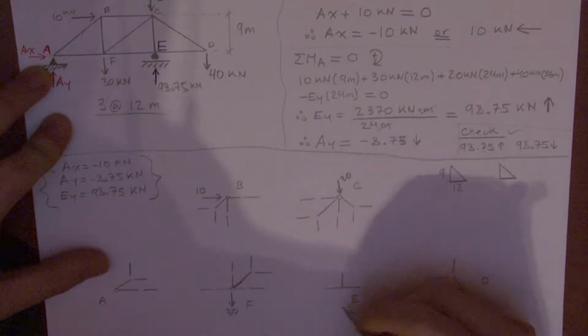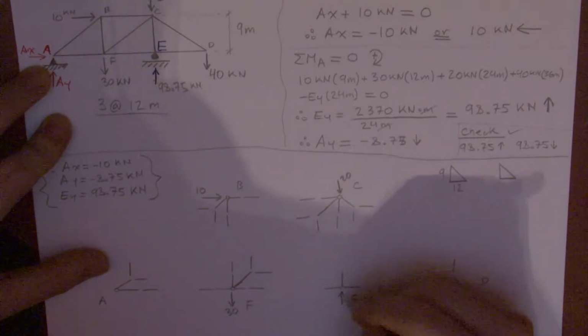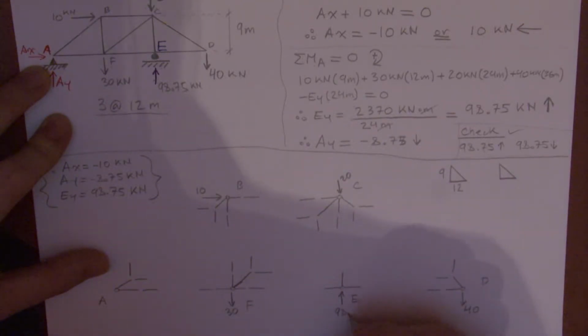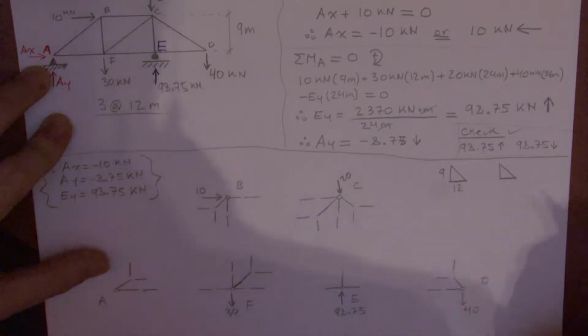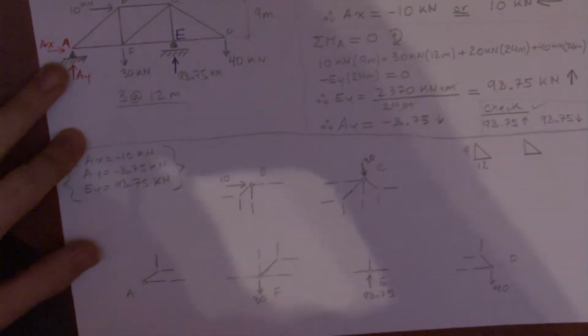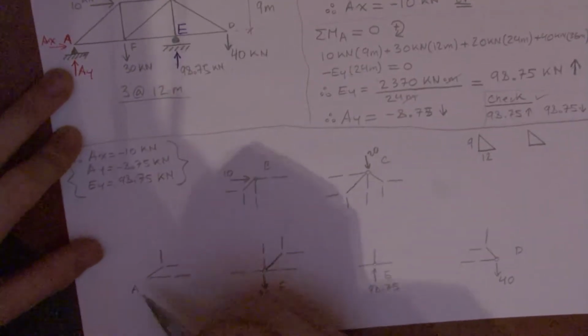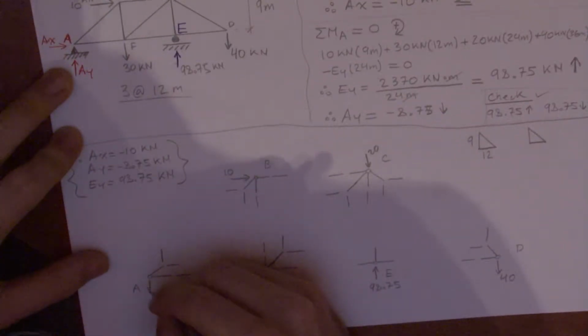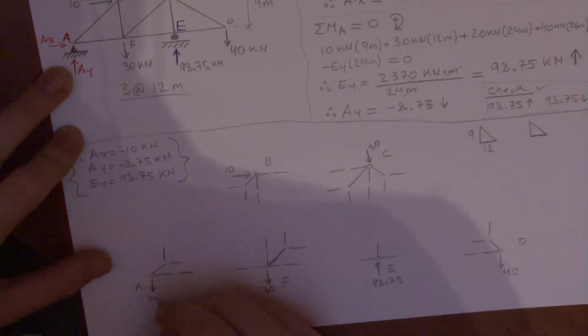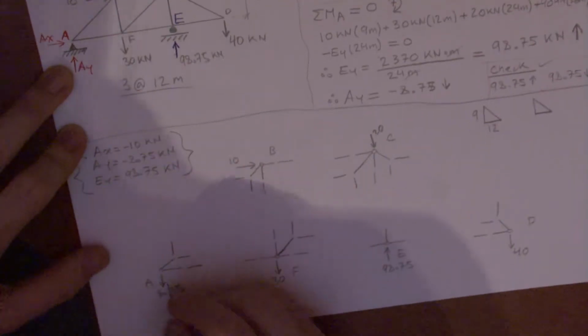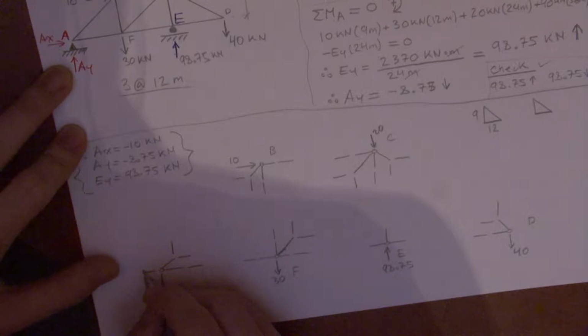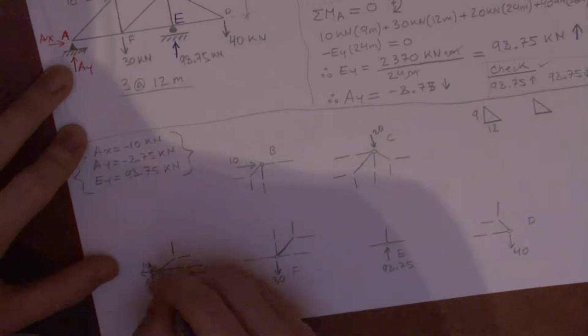Now we found our Ey to be 98.75 going up, and we found this to be going down 8.75, and we found this to be going to the left 10.